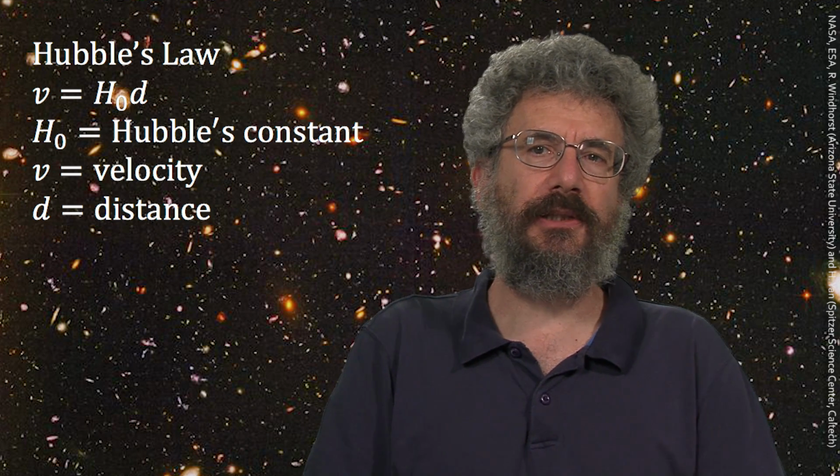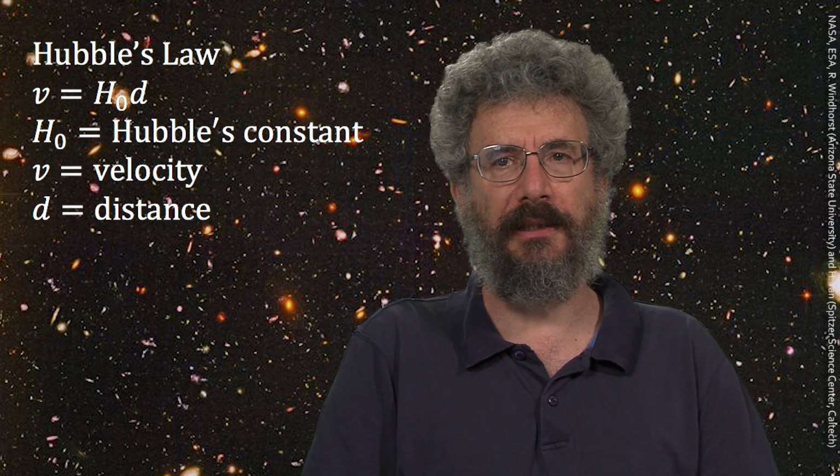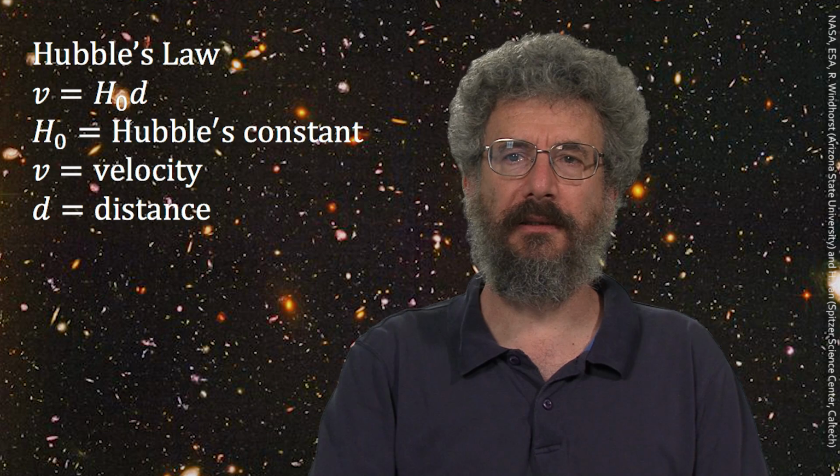So just to write it out, the velocity is equal to the Hubble constant times the distance to the object. So Hubble knew the velocity from the Doppler spectral line measurements. He knew the distance from the standard candle measurements, and he determined that more distant objects were moving away from us more quickly. So not only was the universe bigger, but it was expanding.